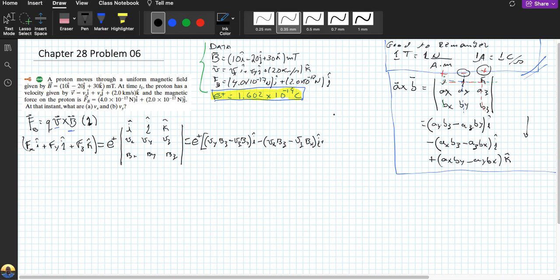And last but not least, our k component. So it's going to be Vx By minus Vy Bx.